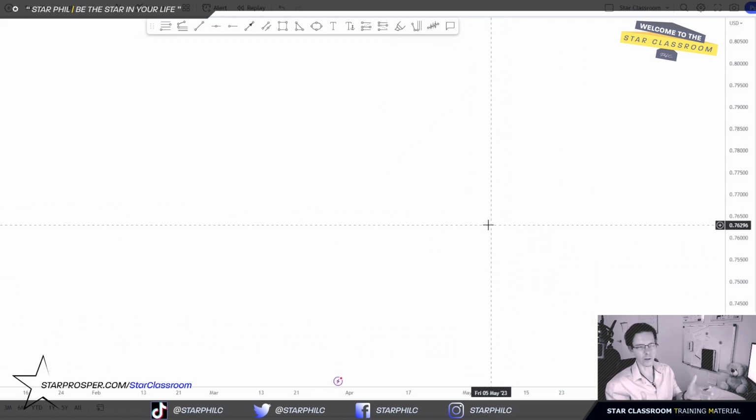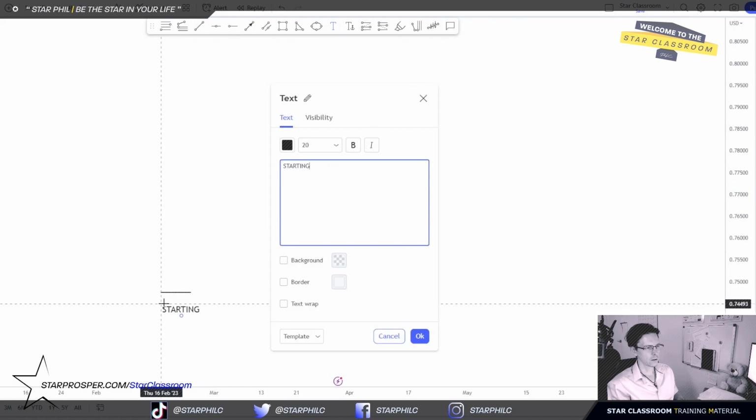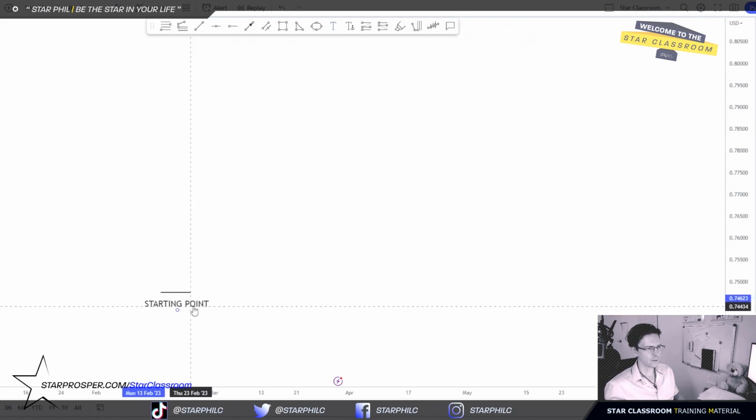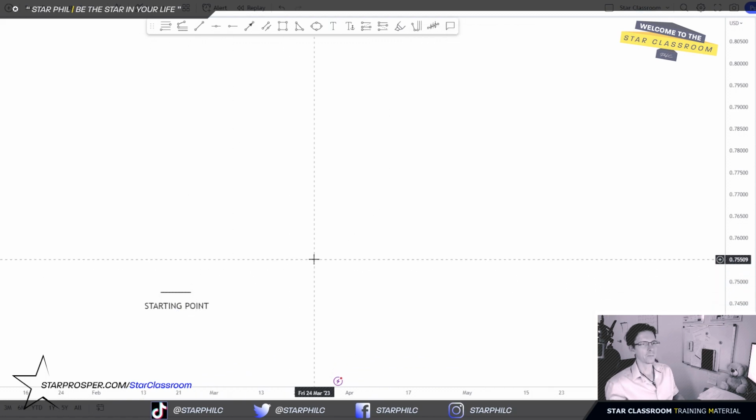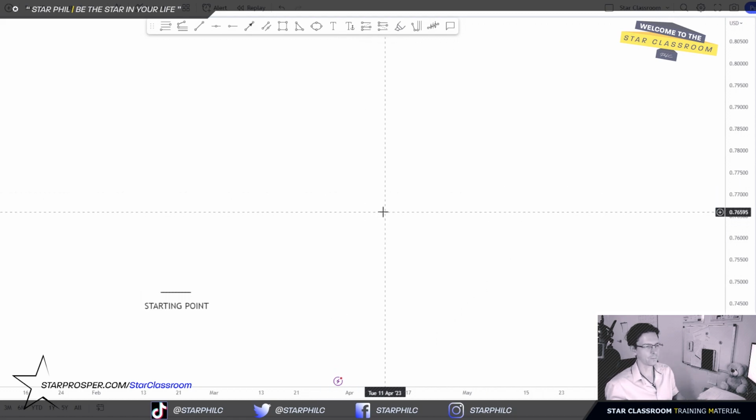Now let's identify these moves, right? First, we have a starting point, okay? Now, this can be any point on the chart. Really doesn't matter. Any point on the chart that you want to start from. That's why it's our starting point.